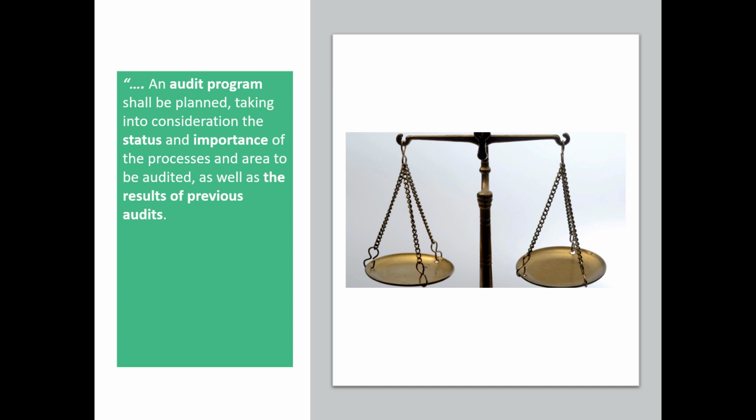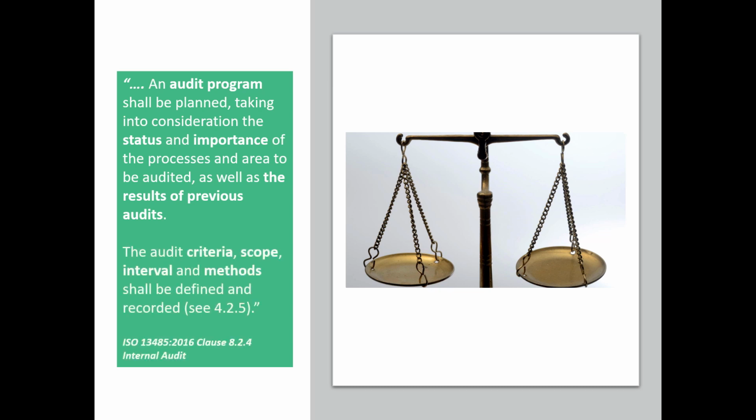I recommend you describe in your internal auditing procedure how you choose what areas to audit, and why some areas are audited more frequently than others. It also states in the standard that the audit criteria, scope, intervals and methods should be defined and recorded.